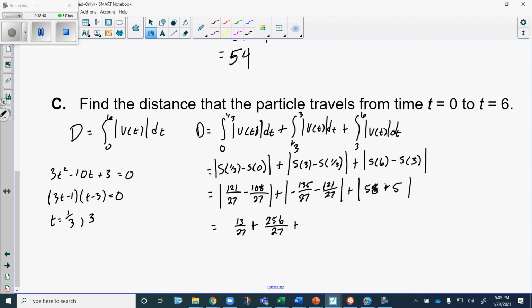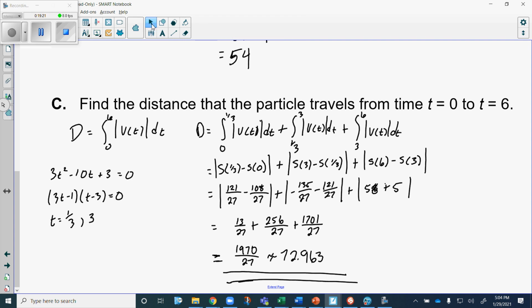And I'm going to have 1701 over 27. And so all of that works out to be 1970 over 27, or approximately 72.963.